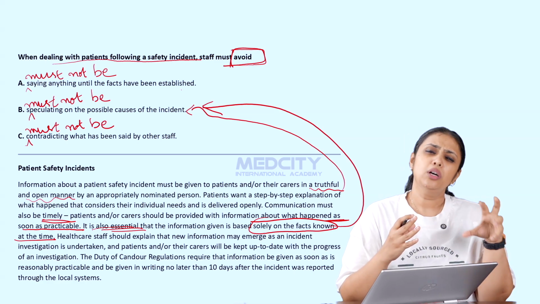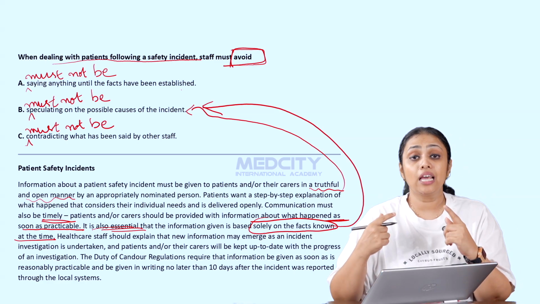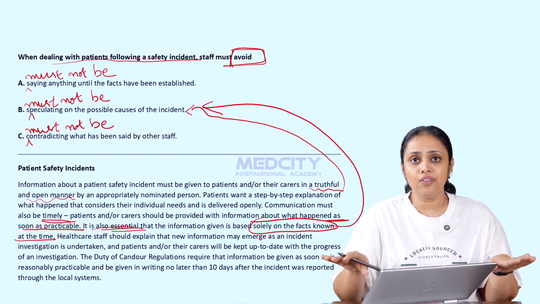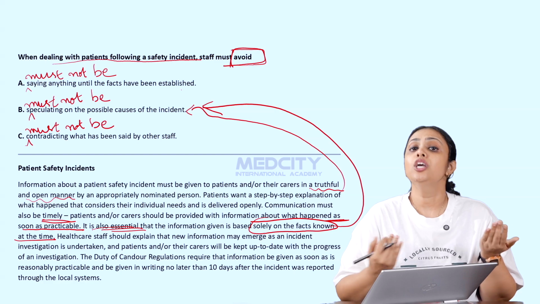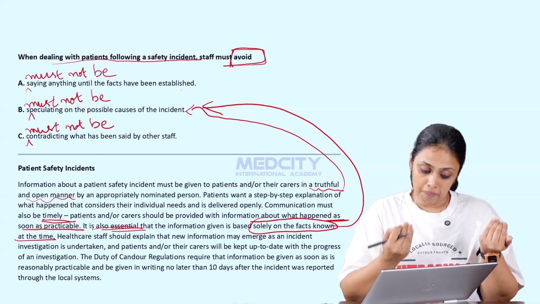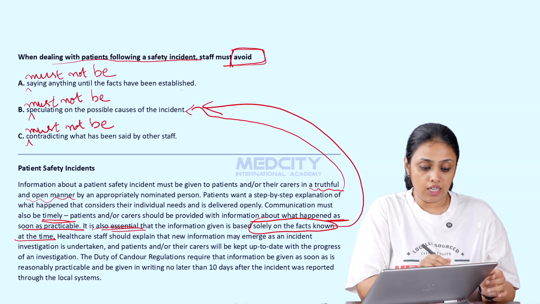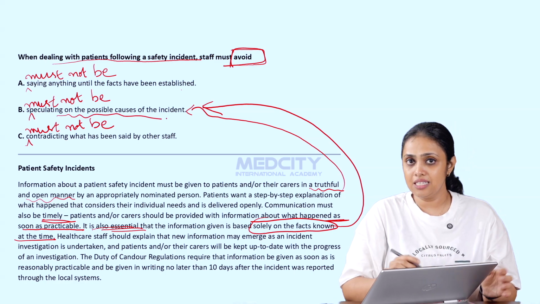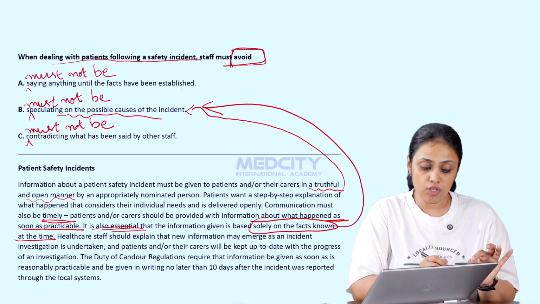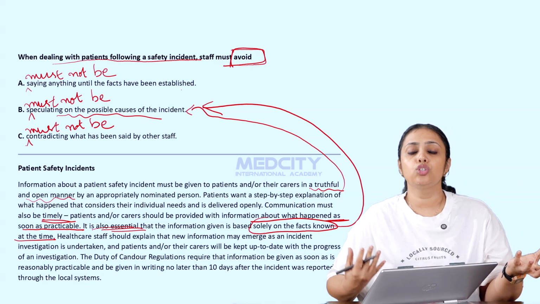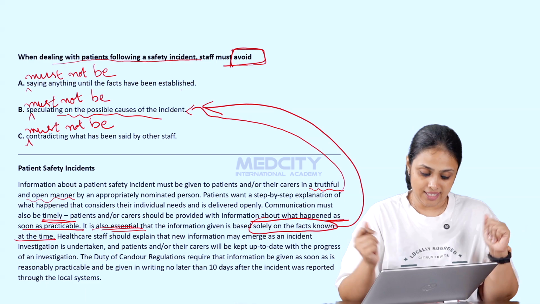You should not guess, like, it might have happened because of this, or I guess this might have gone wrong. No, based on the facts that you have at hand at that point, you should be giving out information to the patient or the carer. So this again means the same, but you cannot find a synonym of the words in the option in the text, but both are trying to convey the same. This option says that you should not be assuming things, and in the text it says that you should only present facts, which means the same.